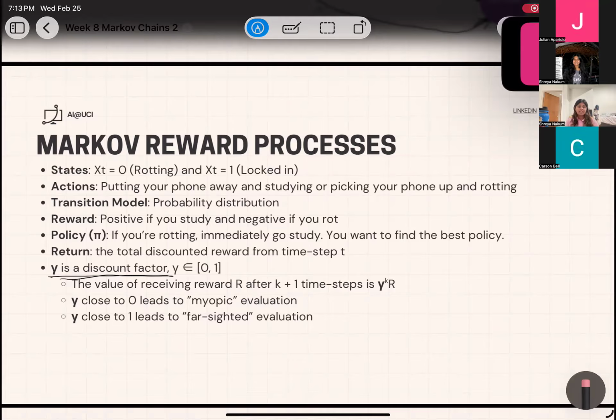The return is the total reward after some time t. Now, note that I said discounted reward. The discount factor is, what do you care about? Do you care about a reward after a long time, or do you want to get your reward immediately?